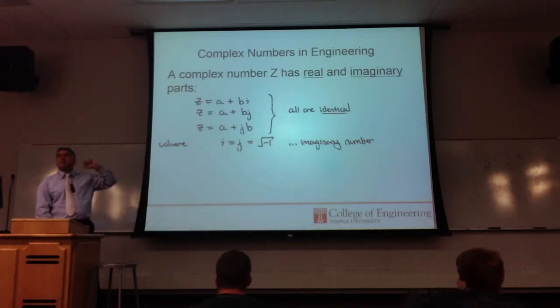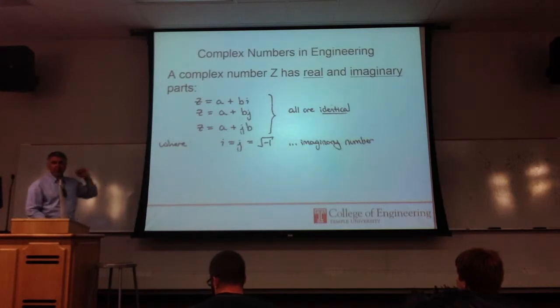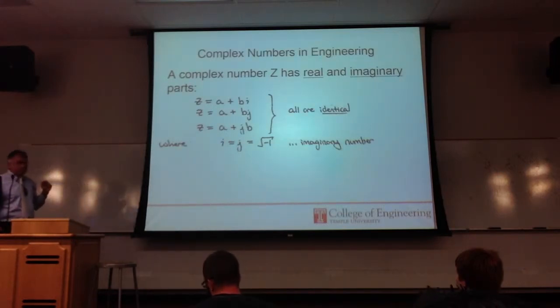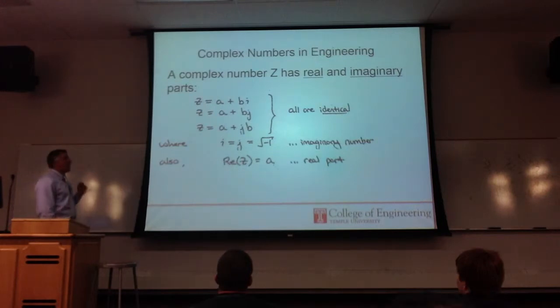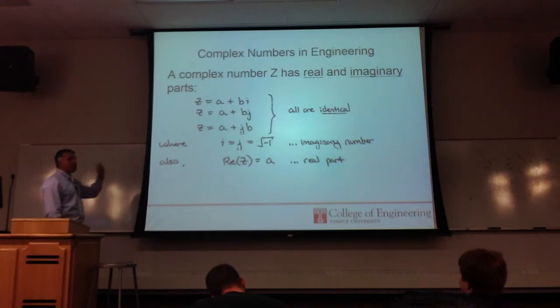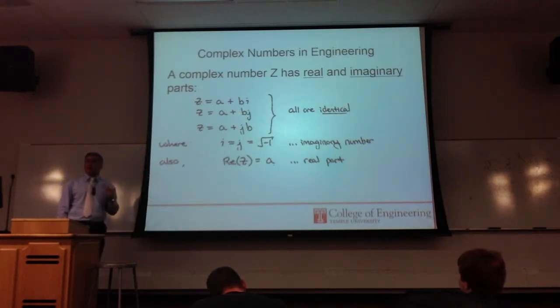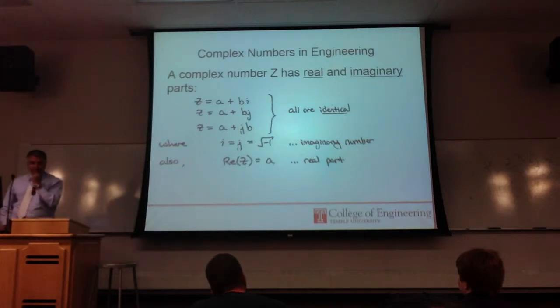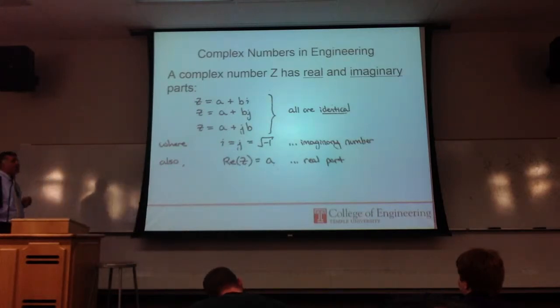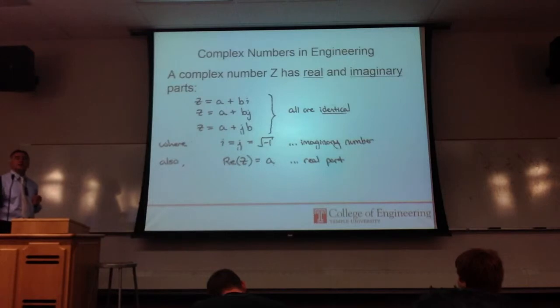Questions so far? All right, so this is an imaginary number. Basically it means that if I have a complex number, there has to be a real part to this complex number. In this case, my real part is A. And what is the imaginary part?